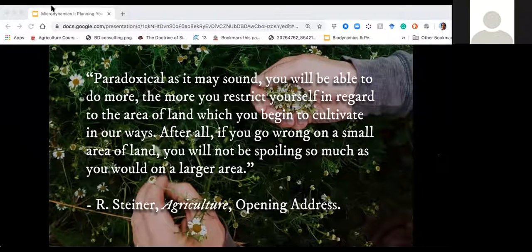What Steiner's indicating here is not just that you can do more if you focus all of your attention on a small space, but there's a scientific element to it. If you start with a small area and treat that first, you will always have that as a point of reference to compare it with the rest of the land that hasn't developed as quickly.